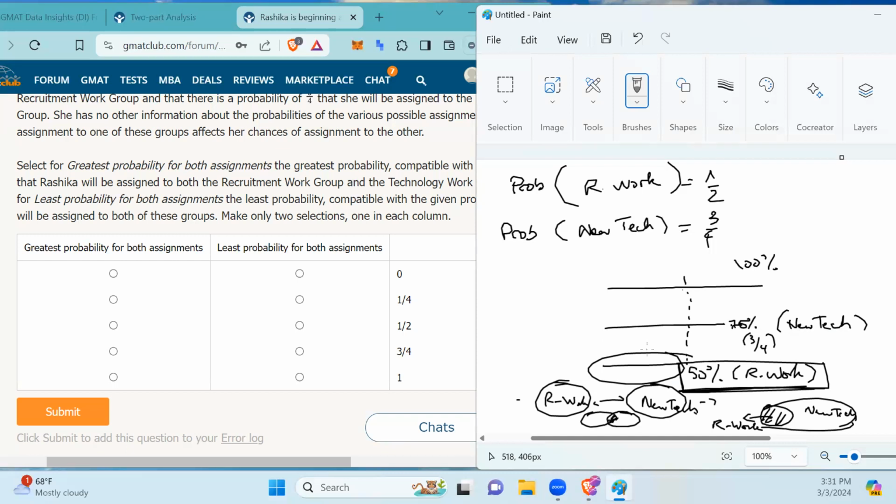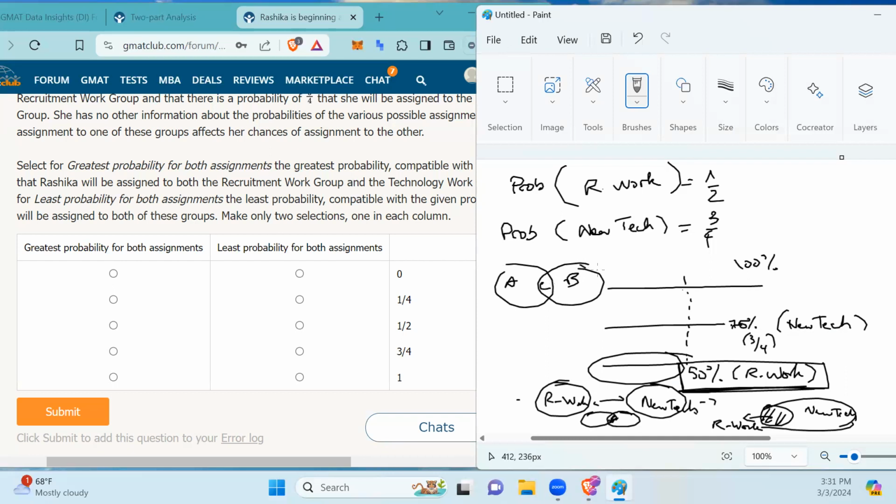So I draw the Venn diagram where there's an overlap, and then I name the parts A, B, and C. Like this. Yes. Okay.